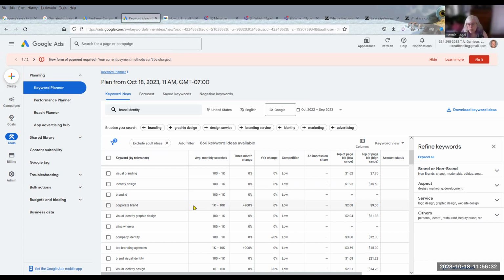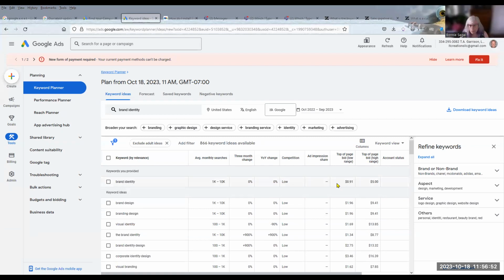I have a question about the top of page bid high range. How does that work? Who is paying for the words? The top of page bid is for an AdWords campaign.